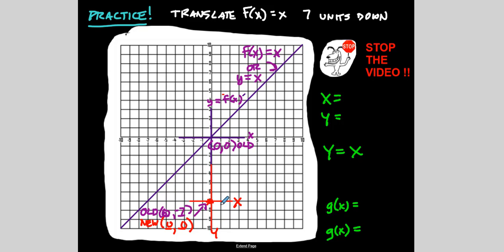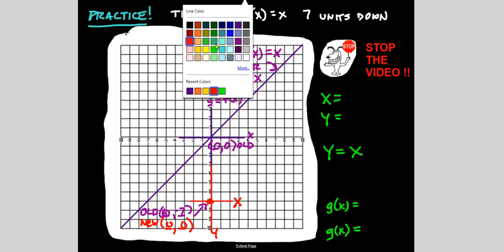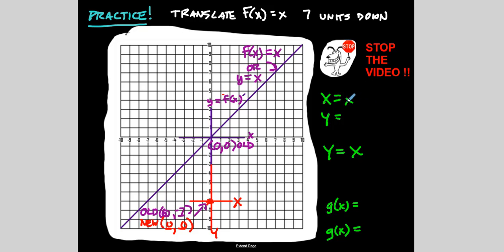So I'm, again, shifting 7 units down, so I don't have to do anything for x, so x stays the same here. Big X is little x, but for y I have to add 7 to negative 7 to get 0. You get 0 here. So I have big Y equals little y plus 7.